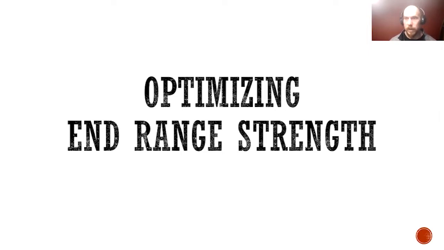So by learning how to optimize the end range positions, we can facilitate a greater opportunity to maximize neural drive within the stretch position and increase motor unit recruitment. This is super important for us and will lead to a greater result when we look to move to other exercises where we want to produce motor patterns.